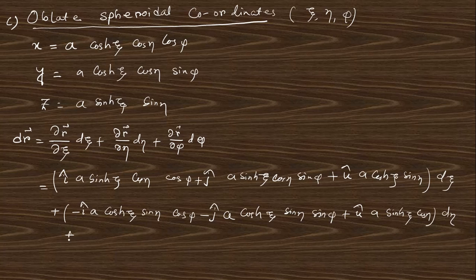And the next one was minus i cap a cos hyperbolic xi cos eta sine phi plus j cap a cos hyperbolic xi cos eta cos phi d phi.